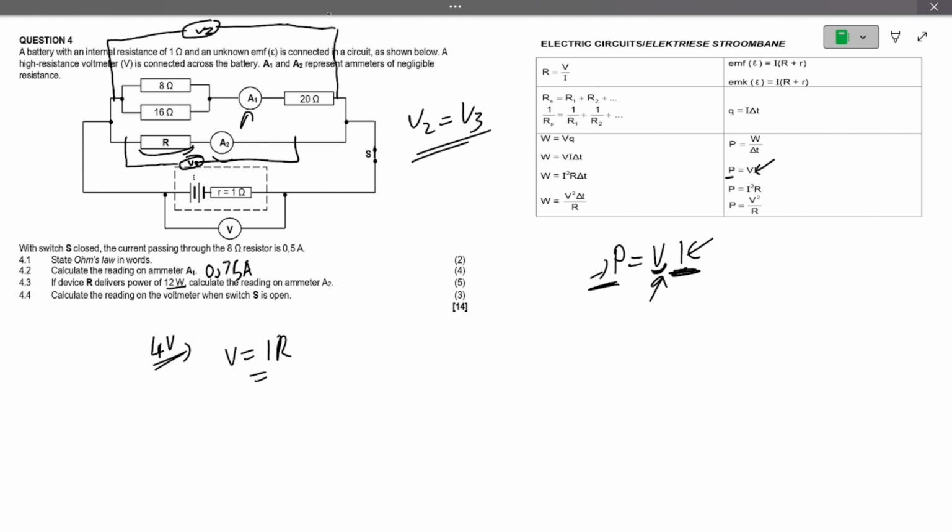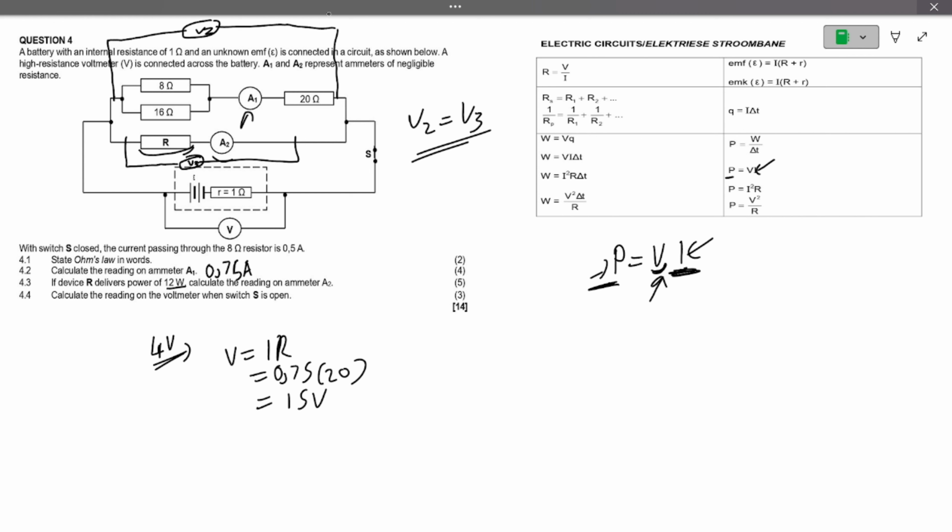So this 20 ohm resistor is going to get the total current of 0.75 without it being divided. So it's going to get 0.75, and then its resistance is 20. And then let me calculate. So the voltage across it is 15 volts.